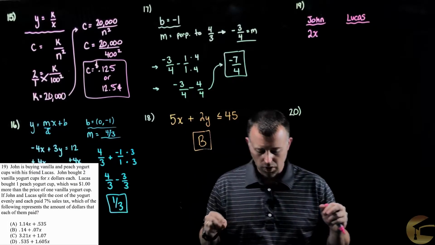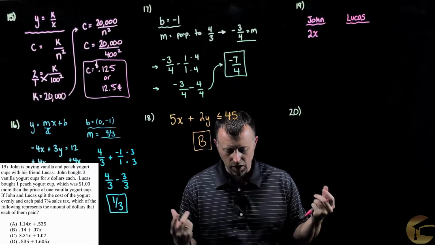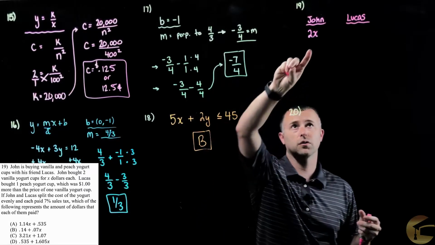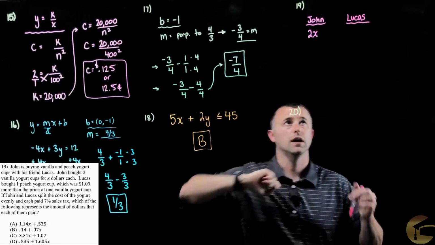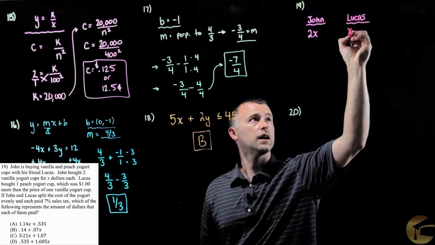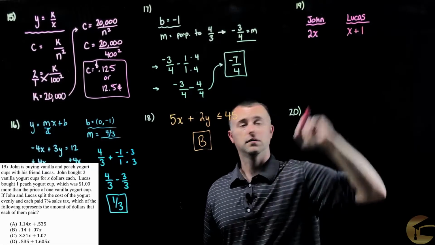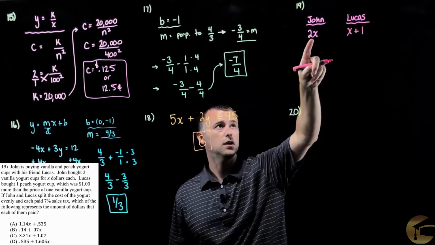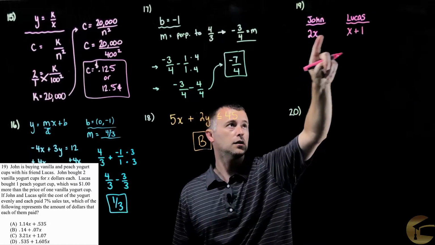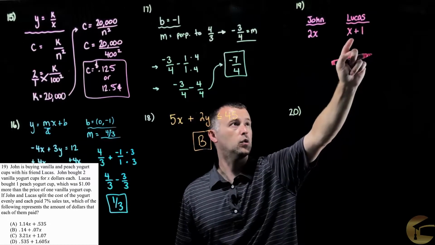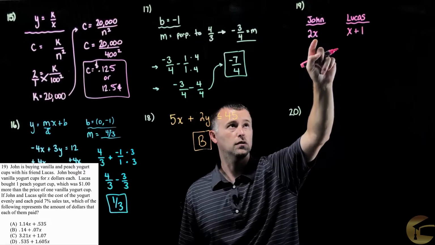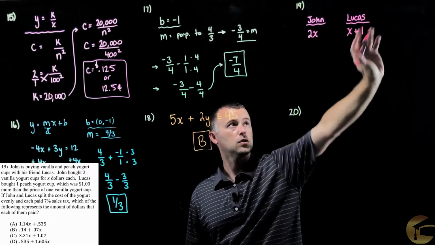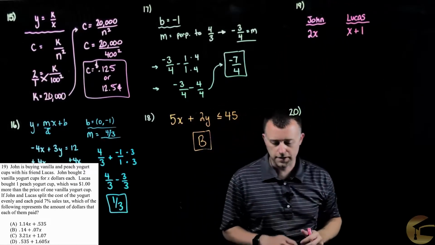So he paid $1 more than the cost of a vanilla yogurt cup. So the vanilla yogurt cup was X dollars. So his is going to be X dollars plus 1. So that's going to be the cost here. So he bought 2 for X dollars. He bought 1 item, but it was $1 more than one of these items. So these represent the 2 costs that they spent.